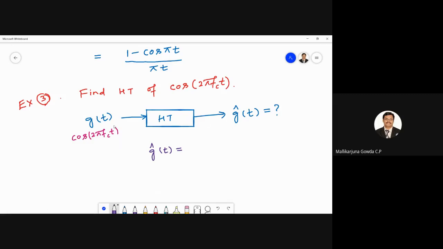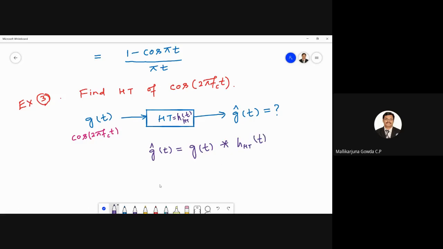It is a convolution of this input signal g of t and the impulse response of the Hilbert transform. If I say the impulse response of the Hilbert transform is hht of t, then it will be g of t convolved with hht of t.